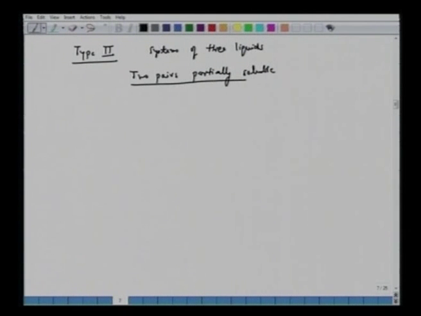So when we are saying 2 pairs are partially soluble, let's again look at A, B, C. As an example, let's say we have chlorobenzene, we have water, and we have ethyl acetate. The petroleum industry is one of the industries where you will get several such examples.